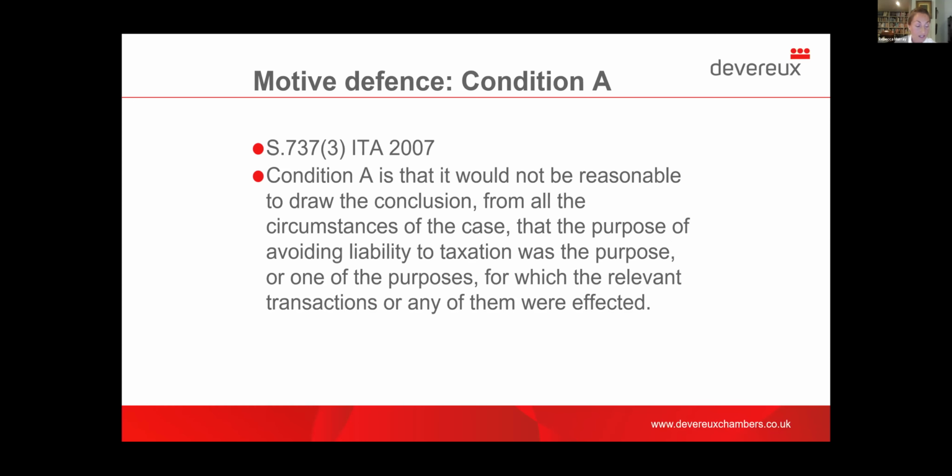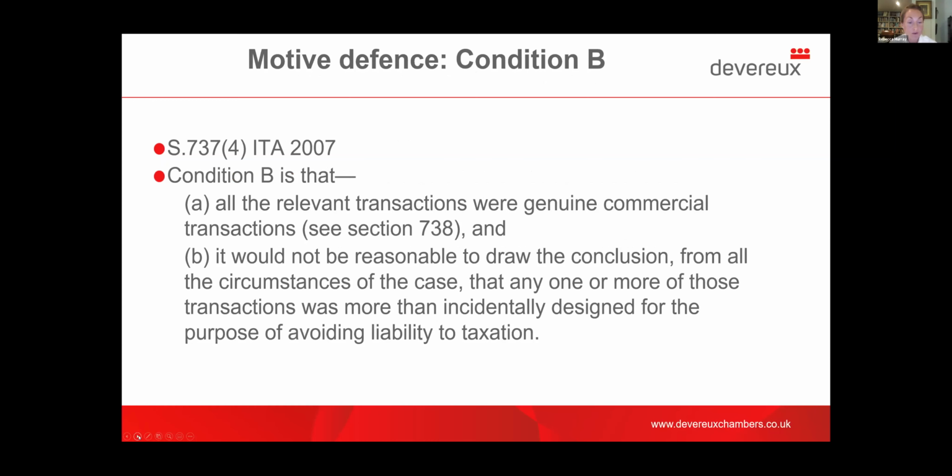And then condition B uses the phrase relevant transactions, but the test is different. So it's satisfied if all of the relevant transactions are genuine commercial transactions and none of them have as their main purpose, so that's a more than incidental purpose, the avoidance of a tax liability.